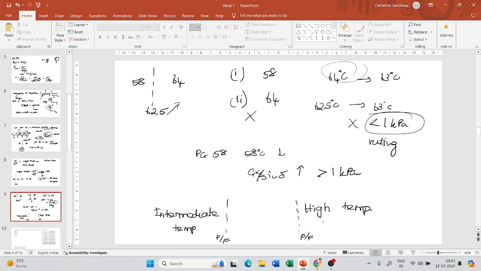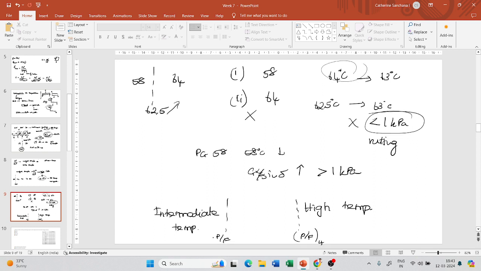So if this is my pass fail temperature for high temperature, okay, this value, and this is my pass fail temperature for intermediate temperature, I should always pick the PG temperature as the next highest temperature for intermediate PG temperature and the next lowest temperature for high temperature PG grade. Okay, so it is like this, it is on either sides. So this is how you will determine the PG high temperature and intermediate temperature of the bitumen.